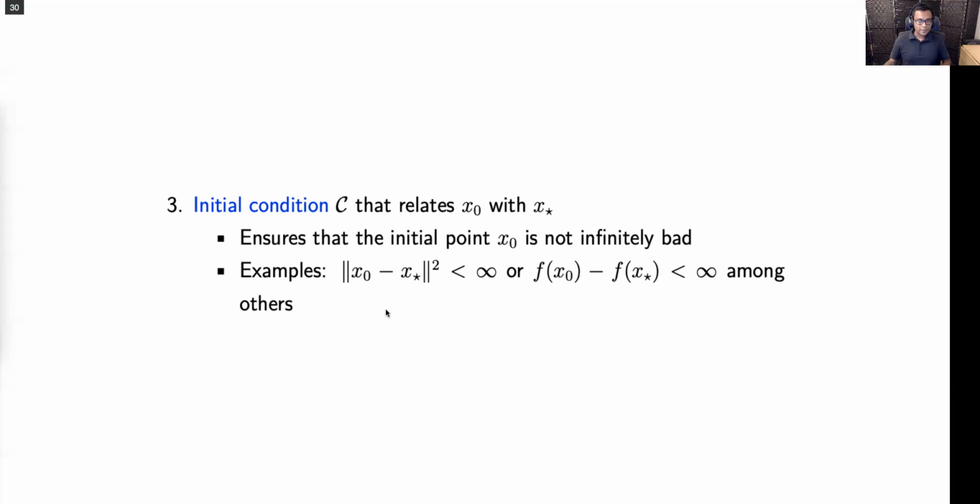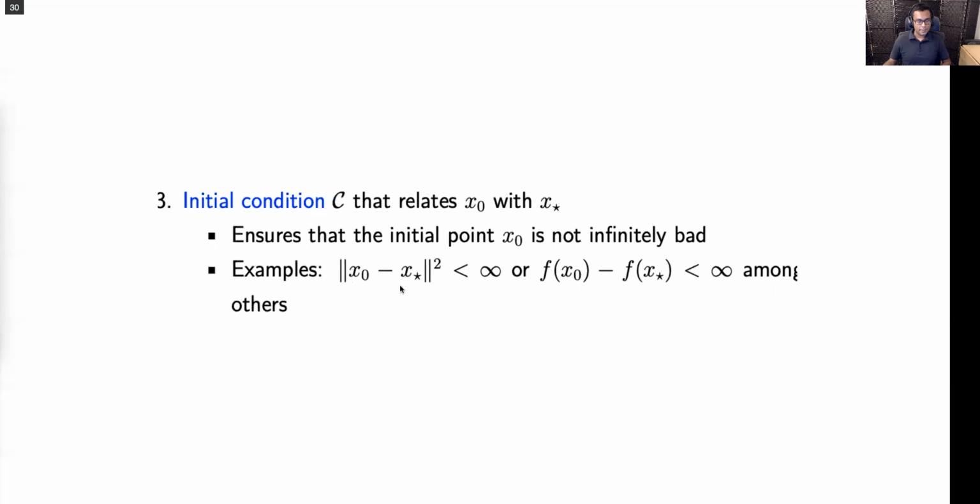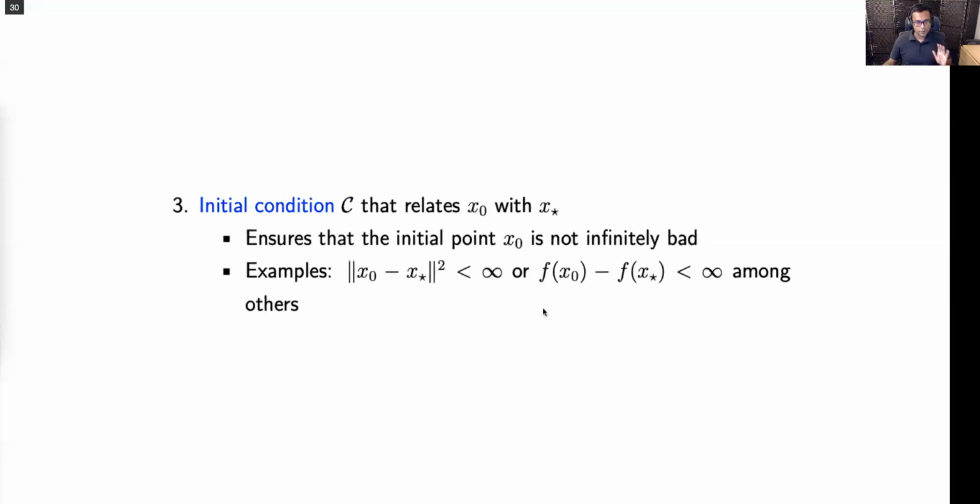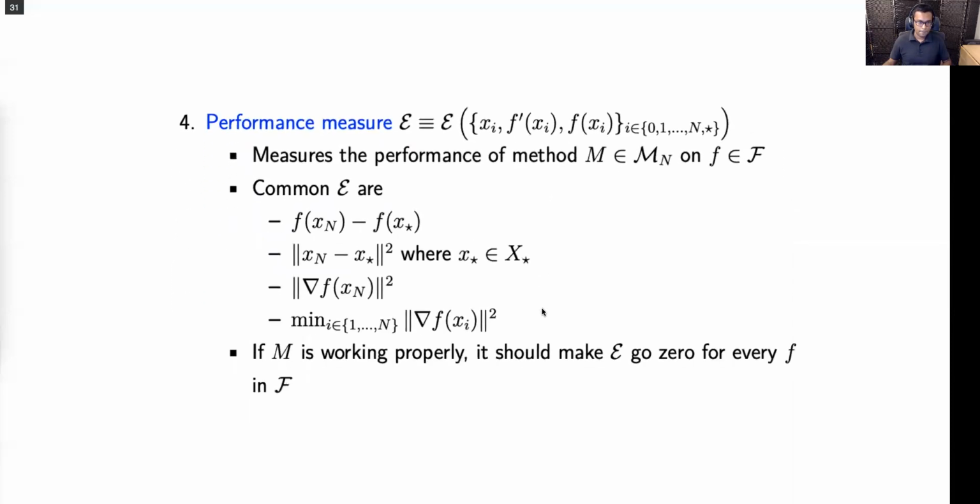For example, we can define that notion of not being infinitely bad by saying that the distance from the optimal solution is finite, or the function value gap of the initial point with respect to the optimal point is also finite. But there can be other initial conditions too, but their goal is ensuring that the initial point is not infinitely bad.